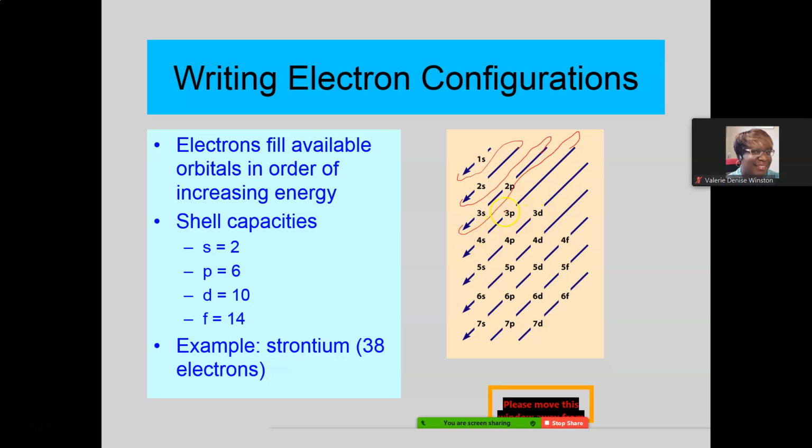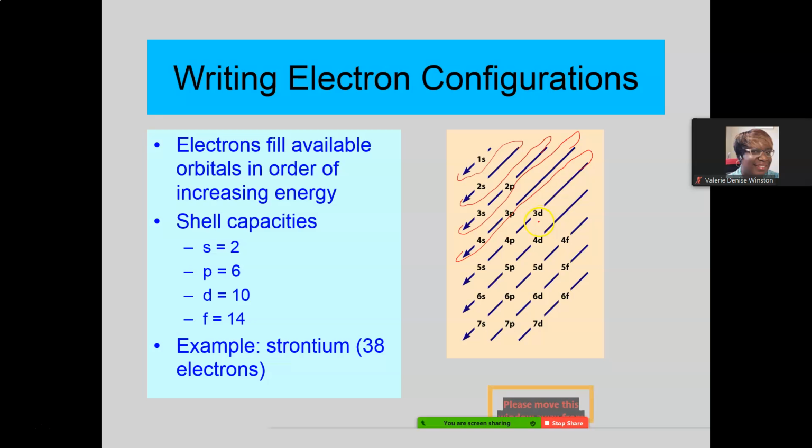Okay, so what were we? 2, 4, and 6 is 10, 12, and 6 is 18, and 2 is 20. Then you go to 3d, and 3d is another 10. So that gets you up to 30.